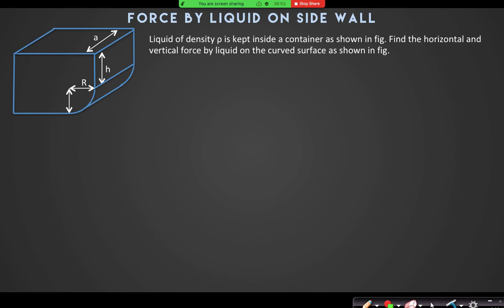A liquid of density rho is kept inside a container. Find the horizontal and vertical force by the liquid on the curved surface. Only the curved surface at the bottom you need to calculate it. Okay.